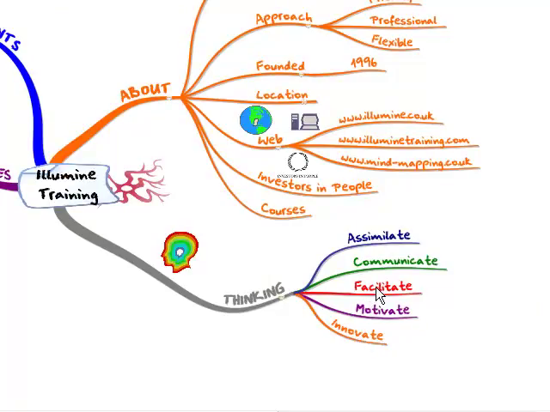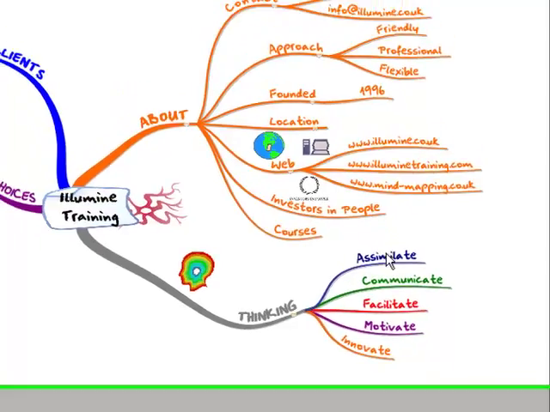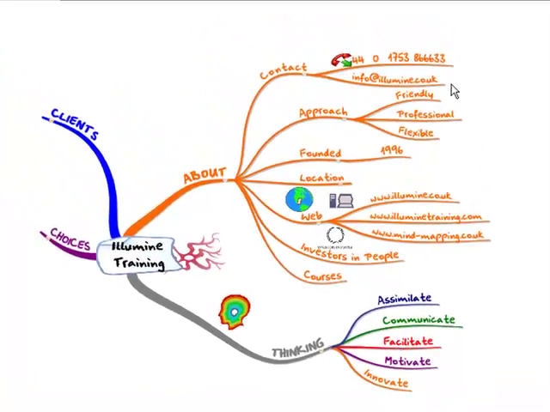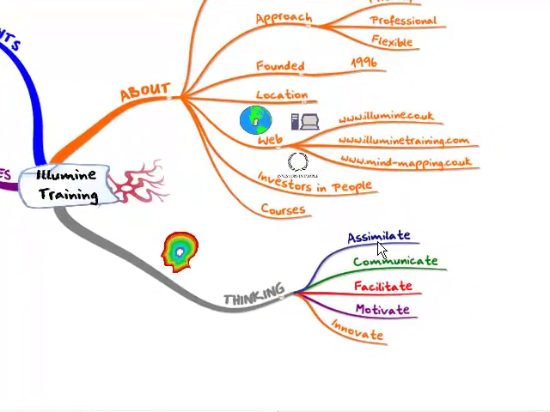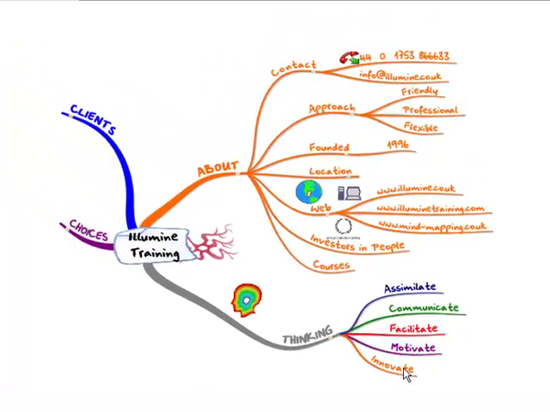And if you look on our website, you'll find that all the courses are color coded. So if they're assimilate courses, they're in blue, communicate green, facilitate in red, and so on. So we've deviated away from this single color for the main branch and all the subsequent branches approach to accommodate the fact that we want to stress the use of these colors in this way.